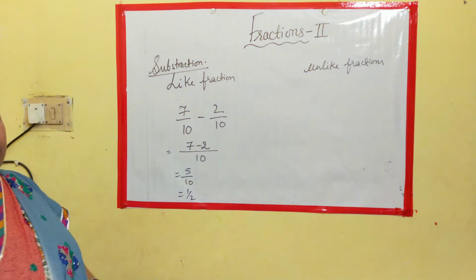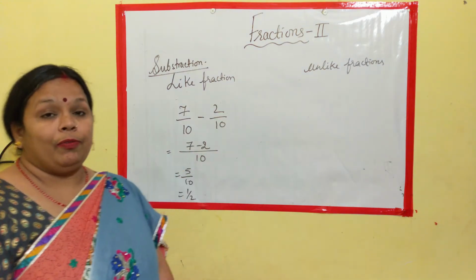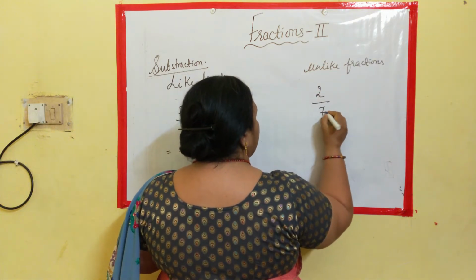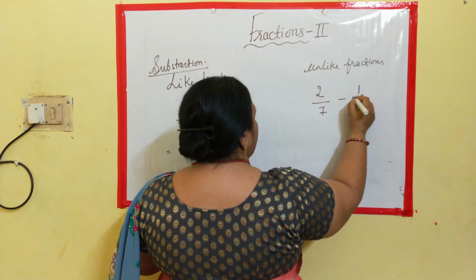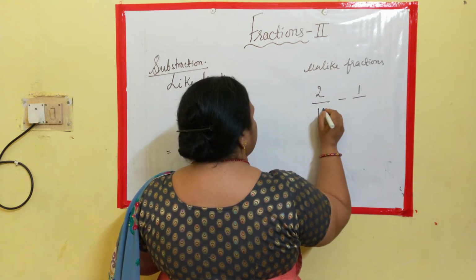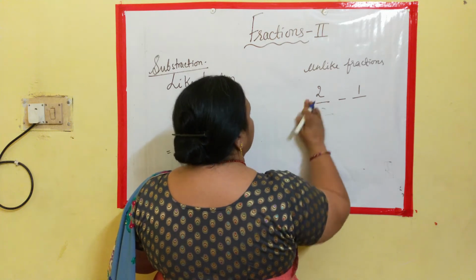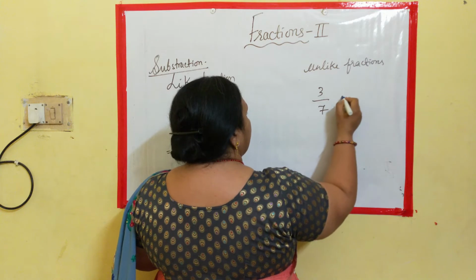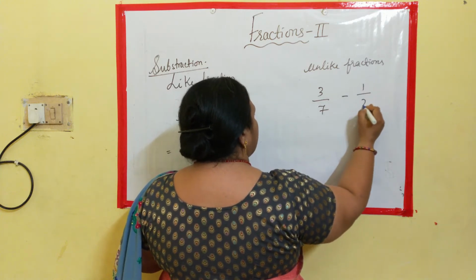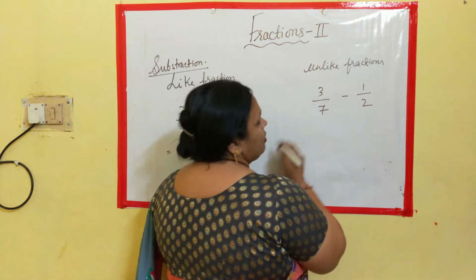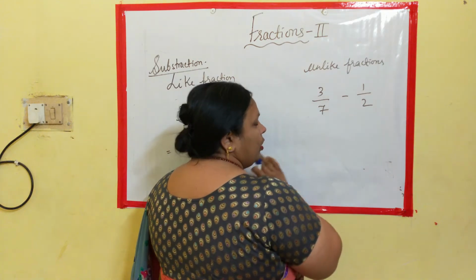So how simple it is. Now for the unlike fractions, let's take the example 3 by 7 minus 1 by 2. Okay? Now, 7 and 2, nothing is common.